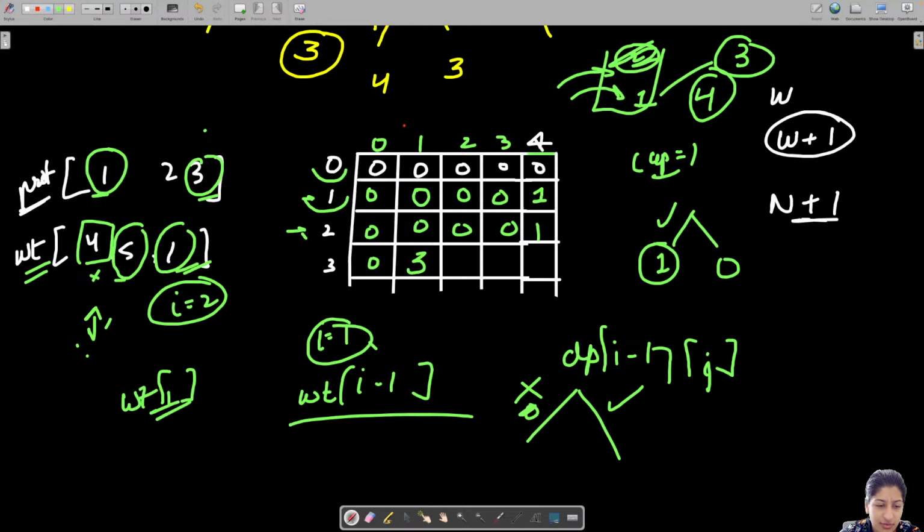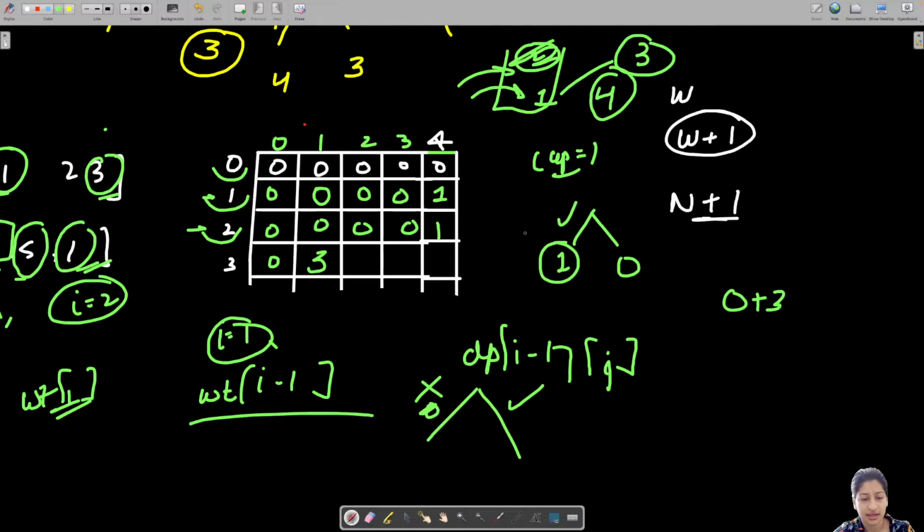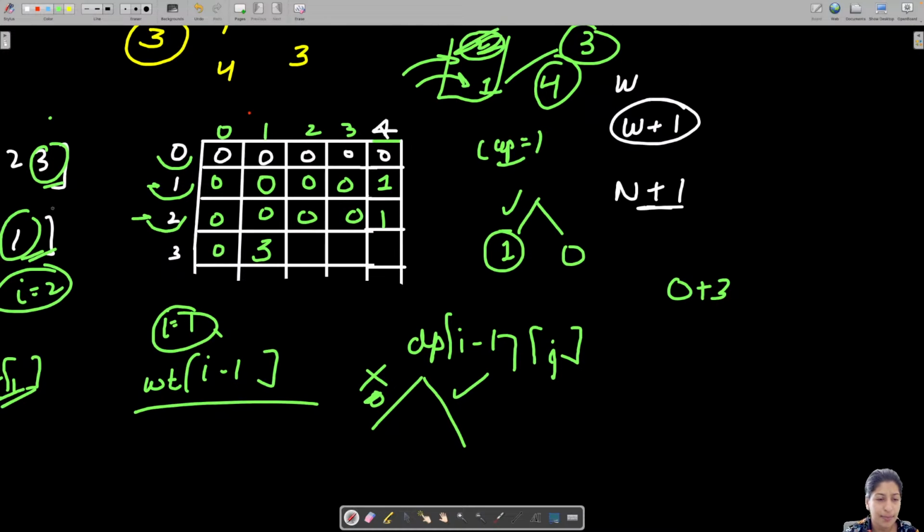So I will check what profit I was generating when I was taking 2 kg and not this one. I'll see that I was generating 0 only. So from there I'll add my profit, that is 0, plus the profit I'm generating now. The reason is I will check if I can fill up the remaining capacity, and if I am filling it up, what profit I'm generating from there, although it turns out to be 0 only. So you will add that to yourself basically.